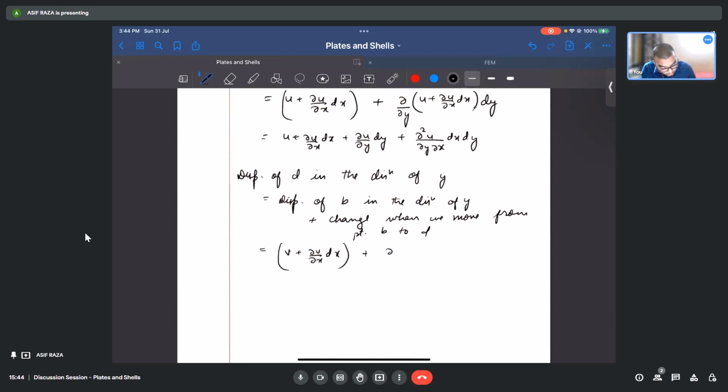So the change would be ∂v/∂y dy with the higher order term. The result will give me v plus ∂v/∂x dx plus ∂v/∂y dy plus ∂²v/∂y∂x dx dy.